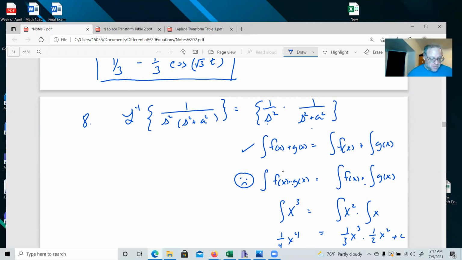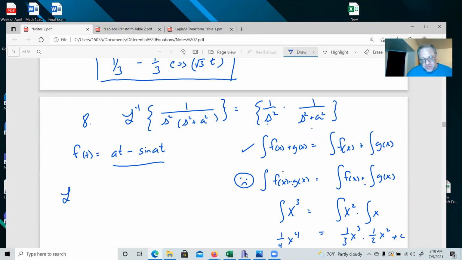Okay, now when they gave us this problem, I didn't finish it. They told us that f of t was equal to at minus sine at. All right. So why don't we take the Laplace transform of this and see what we get? Maybe we get lucky here.